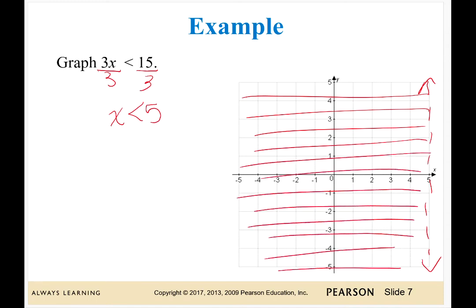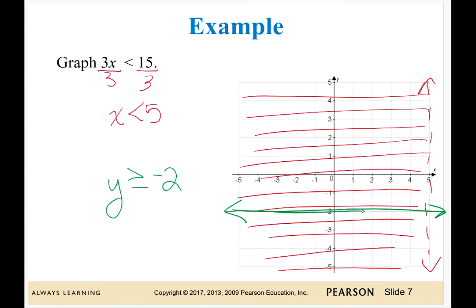The nice thing about vertical and horizontal lines is you don't really have to do a test point because it's going to be straightforward. It's either going to be less than, which means we're shading to the left, or greater than, we're going to shade to the right. If it's a horizontal line, if it's y is greater than, you would shade above, and if it's y less than, you would shade below. Like if you had y is greater than or equal to -2, here's your line y equals -2.